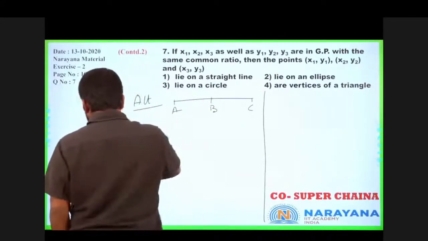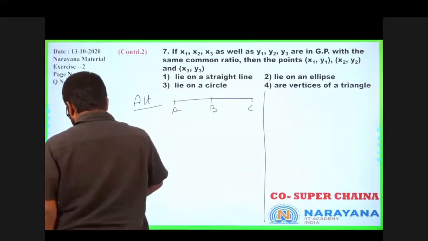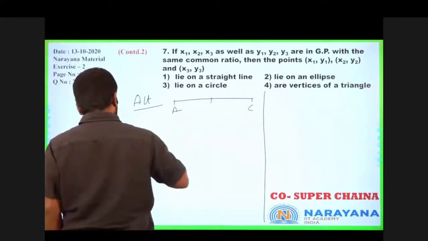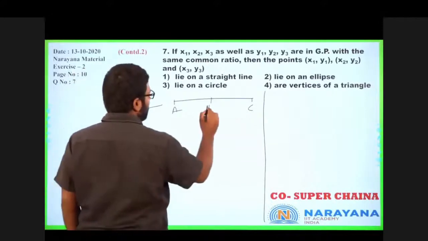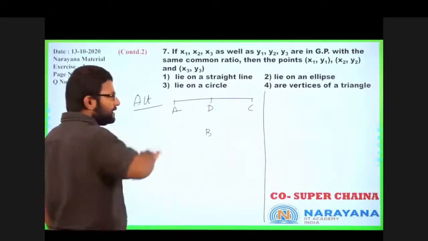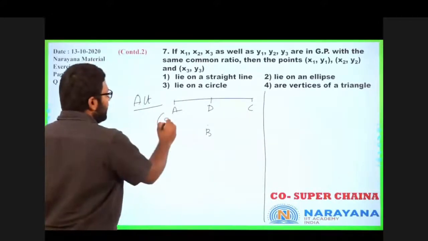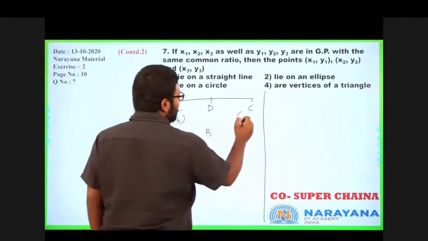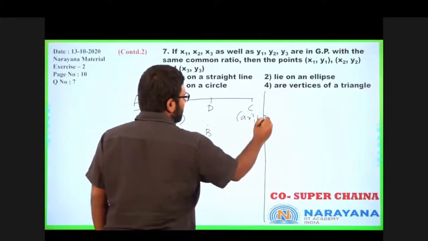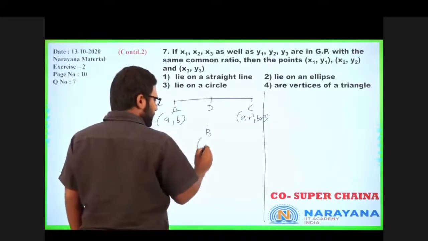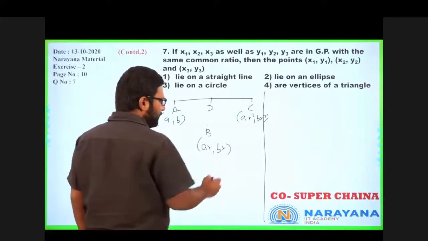So, if you had taken A, B and C, where your point B, instead of B, you take a point D. Let B be somewhere out here, you take a point D, where A will be obviously A comma B, and this is AR square comma BR square. Take B as given, right? AR comma BR.